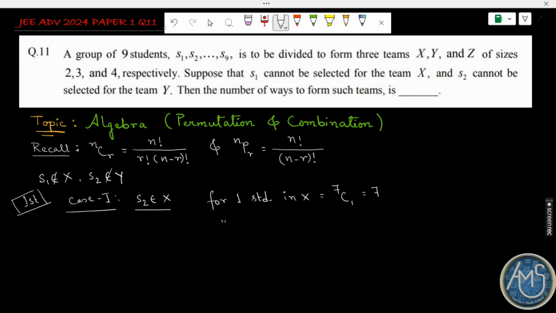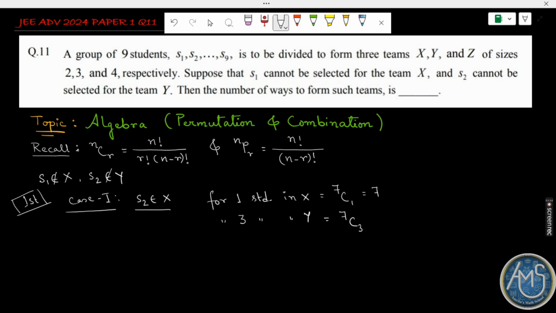Then how many ways for the students in team Y? 3 students in team Y. See, S2 already belongs to X, so S2 cannot belong to Y. And one other student is already in X, so 2 students belong to X including S2. So how many students are left? Only 7. So out of the 7 students, we have to select 3 students.